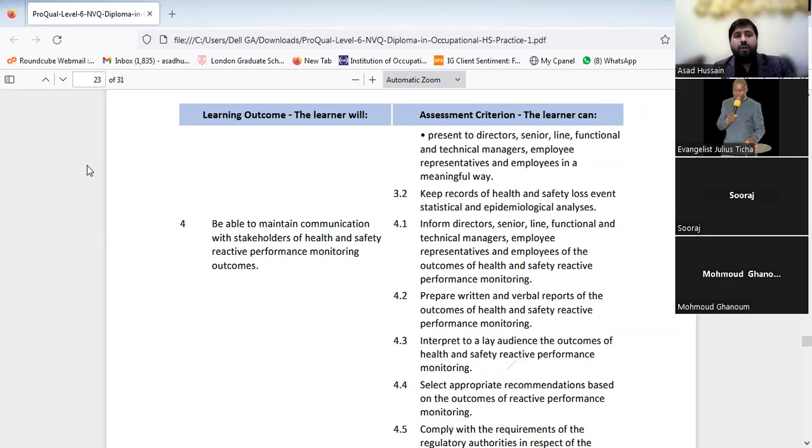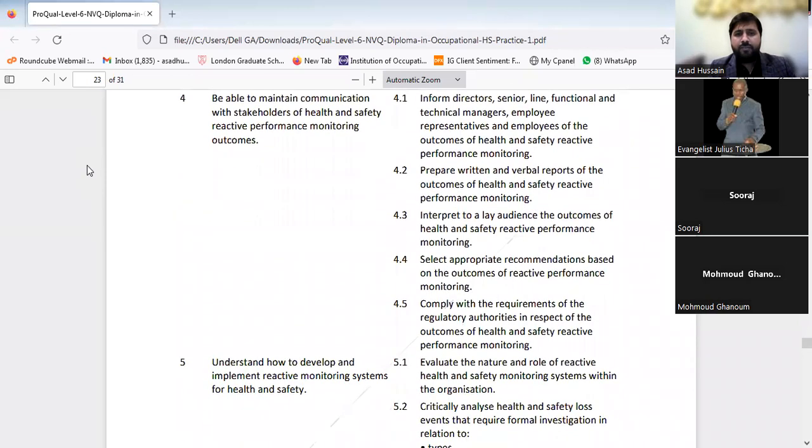So now moving forward to learning outcome number 4, where we have 5 learning outcomes.